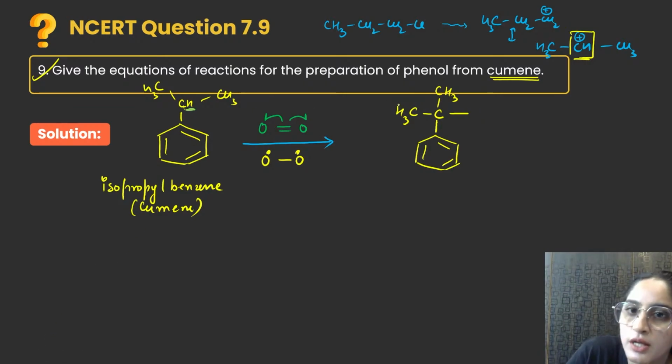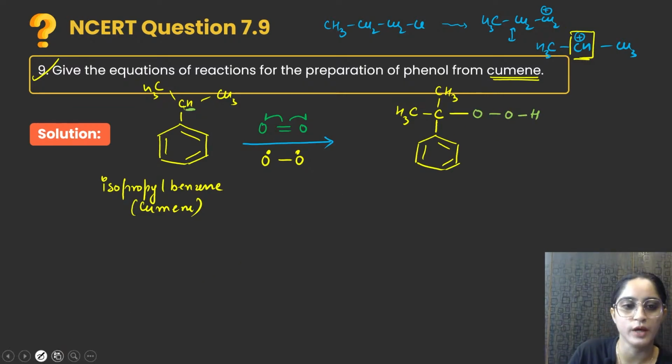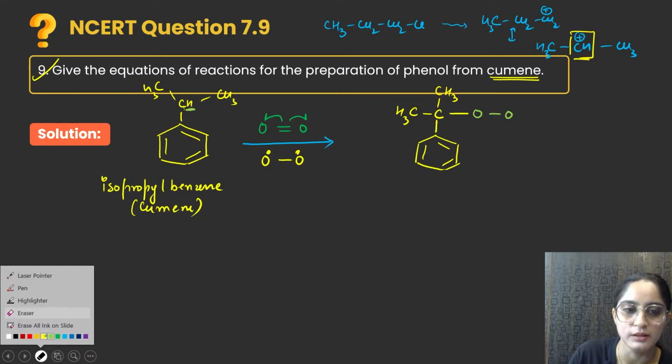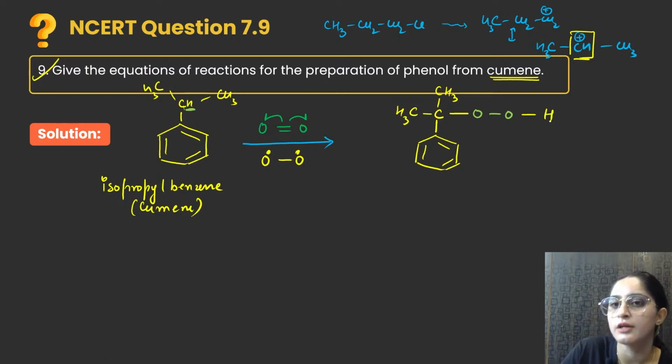This one hydrogen will be here and you will see OO in between. That is done by homolytic cleavage.